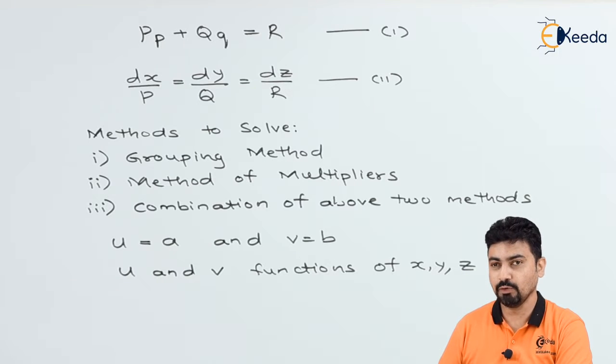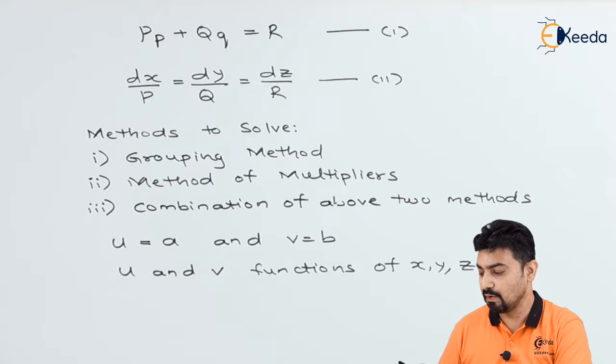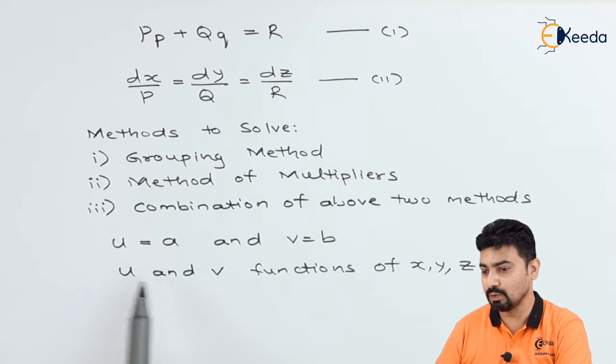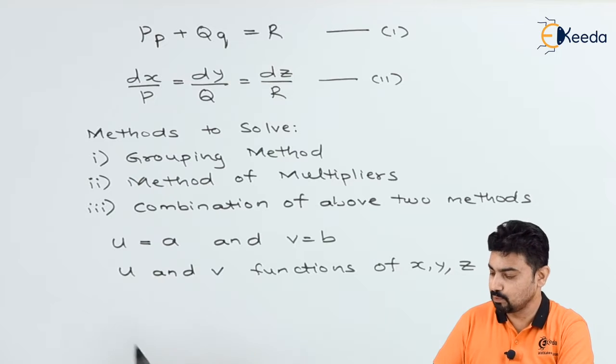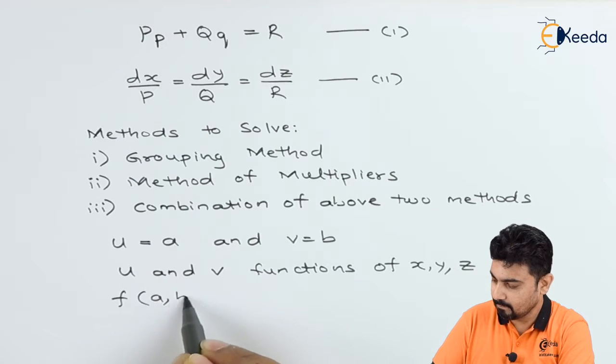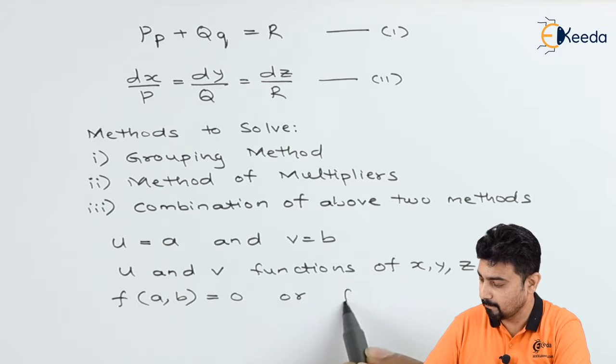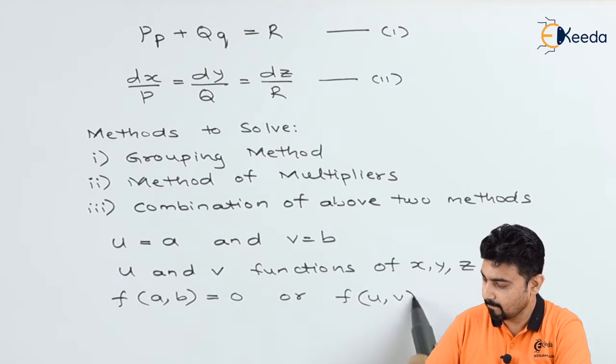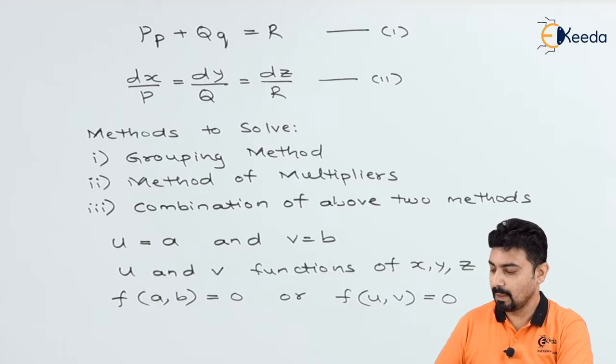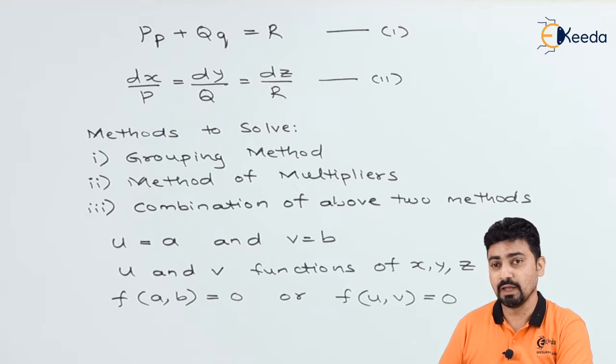Okay, now how to find the final solution? The final solution will be received by combining u is equal to a and v is equal to b, which will be, or it can also be said to be, so this is our final solution.